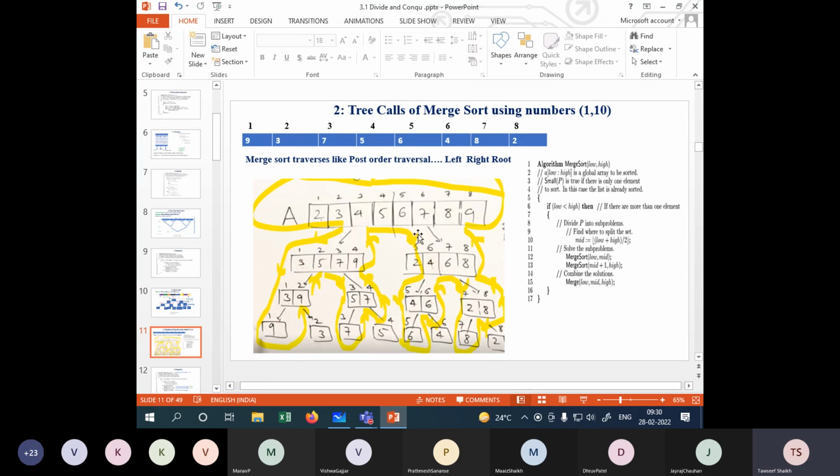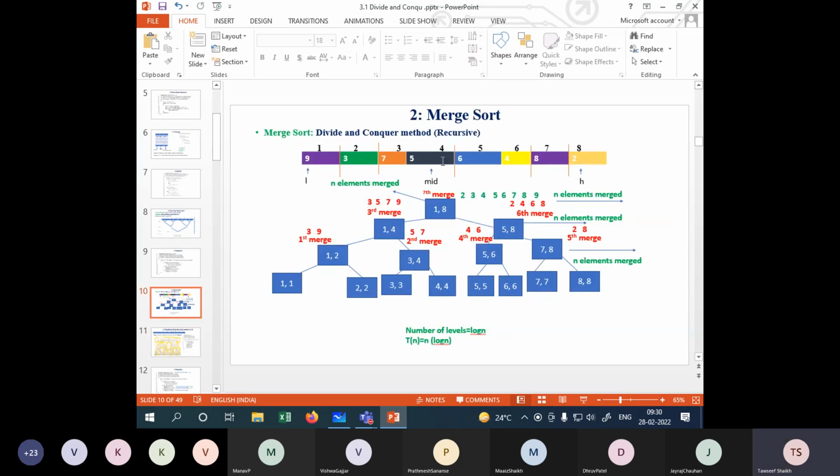Initially I am passing this whole left array to this merge sort. Then on this side I am passing this whole right array. Then when I go to the left hand side, I divide this array into 2 more.